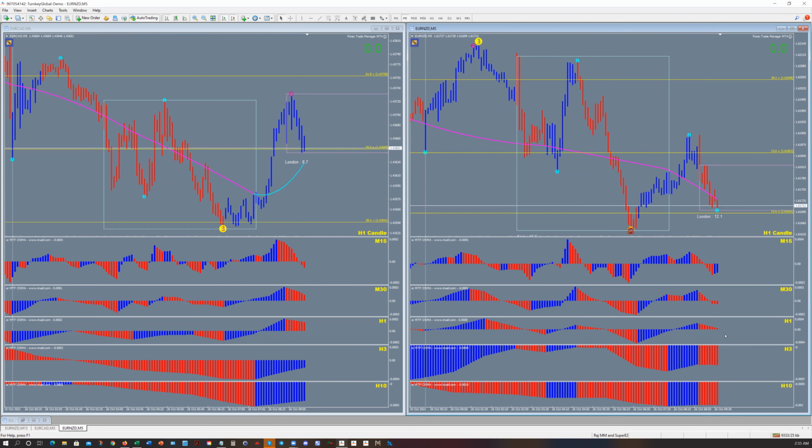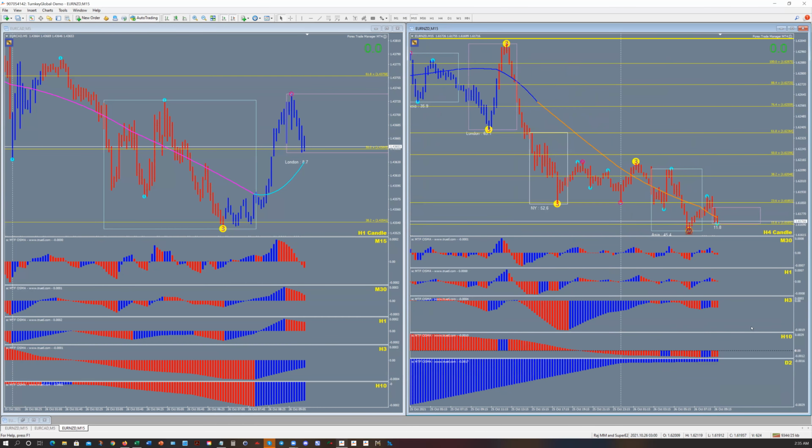But right now, what reason do I have to go to the 1 minute? Do I have a reason? No. So why should I sit through all those fluctuations and get a heart attack? I really don't even need to be on the 5 minute. I can be on the 15 and just chill, right?